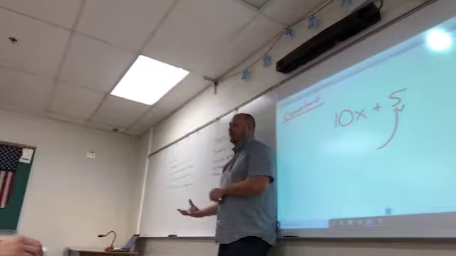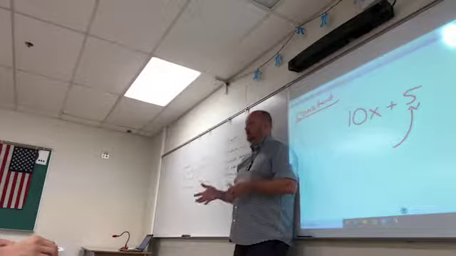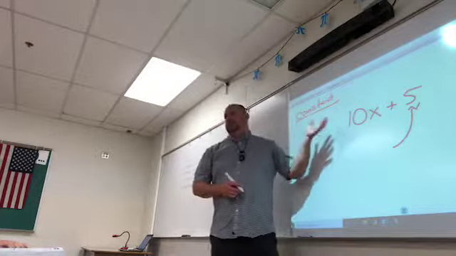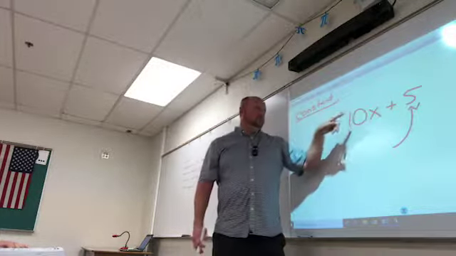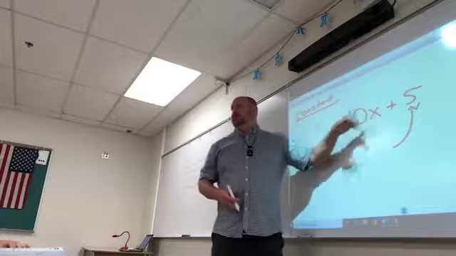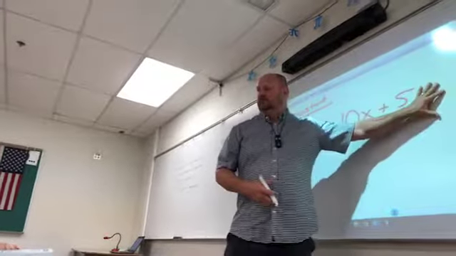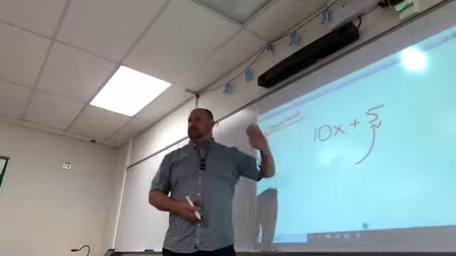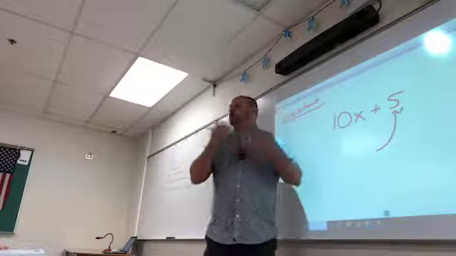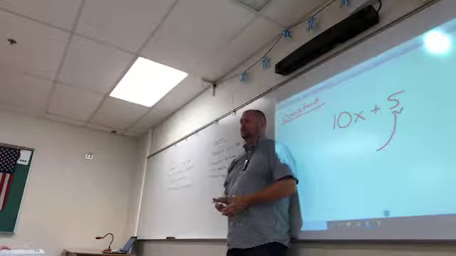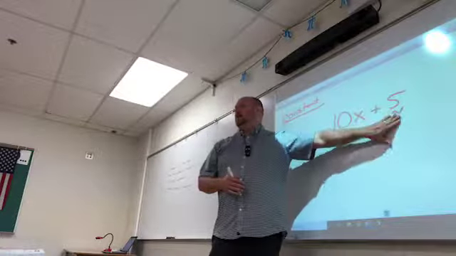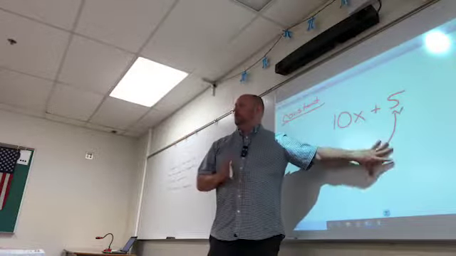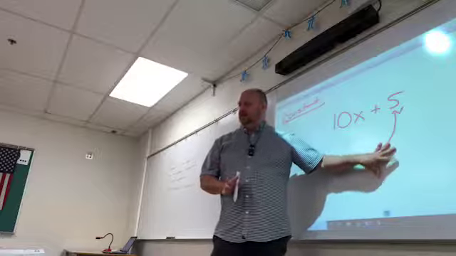It doesn't have an x attached to it. It's just going to be a number. Because how would we solve this? We'd plug in a number, plug in a 5. We'd do 10 times 5 is 50, and then we're going to add 5. If I plug in a 6, what's the last thing you're going to do every single time? Add 5, add 5, add 5. This part is not going to change. That's what we call a constant, okay?